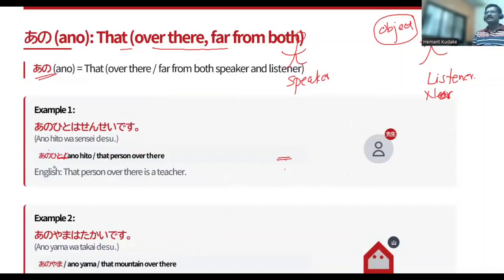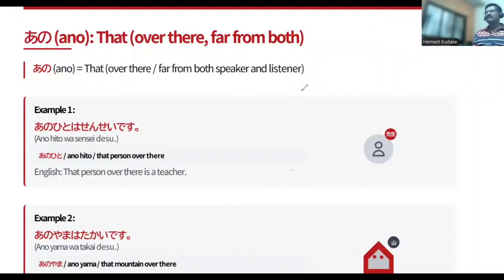Then the third one is ano. Ano is used when something is away from the speaker and listener. Let's take an example. This is the speaker and this is the listener, and the object is here.